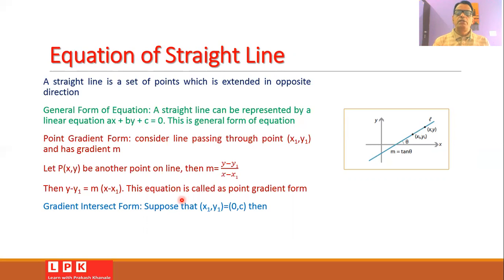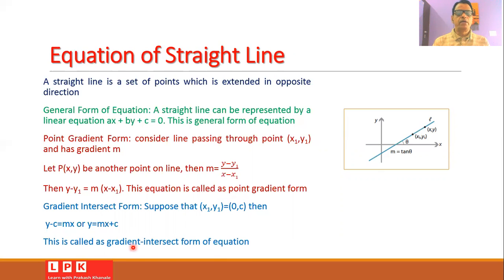It is also possible that we can obtain another form of the equation, which is called the gradient intercept form. Now, suppose that we have a point x1, y1, and this point is equal to 0, c. Then in that case, we can rewrite the above equation such that y minus c is equal to mx, or y is equal to mx plus c.